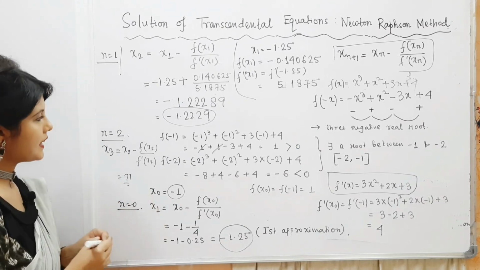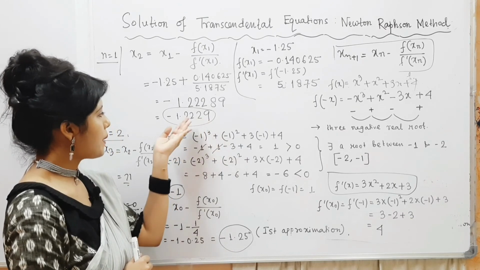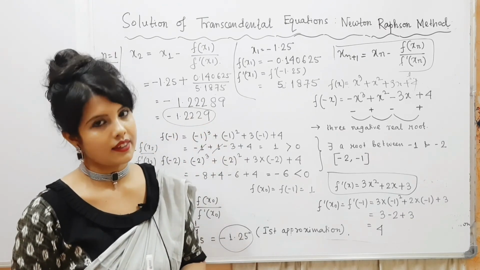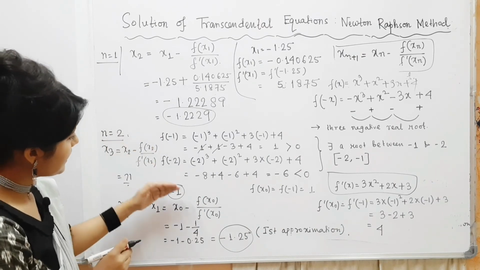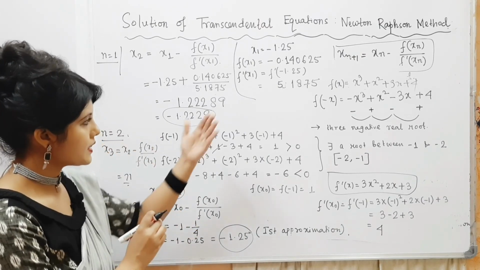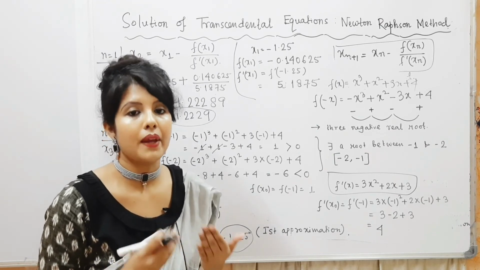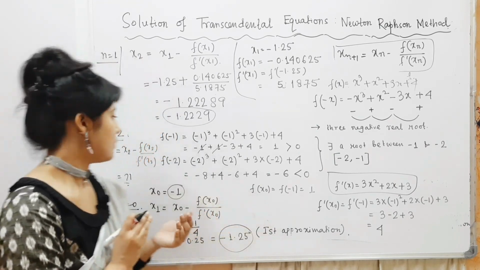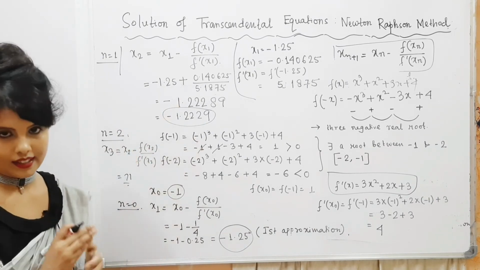But since in these steps I have got a root up to 4 decimal places, I can stop here. Okay. So look at that, in each step this method will give you a more approximated root, or a better root, than the previous one. So maybe you will get x3 that is better than x2.